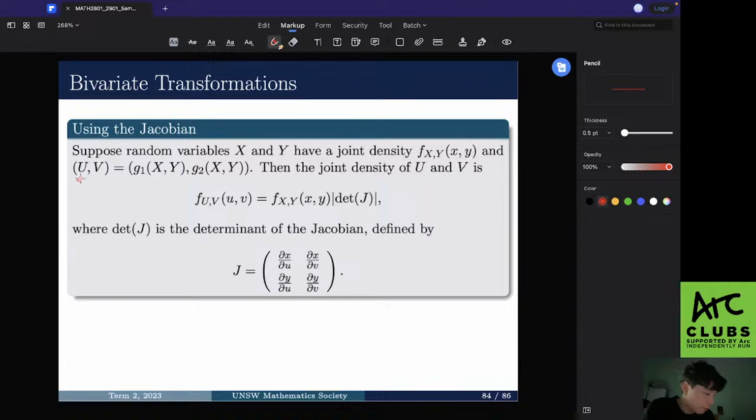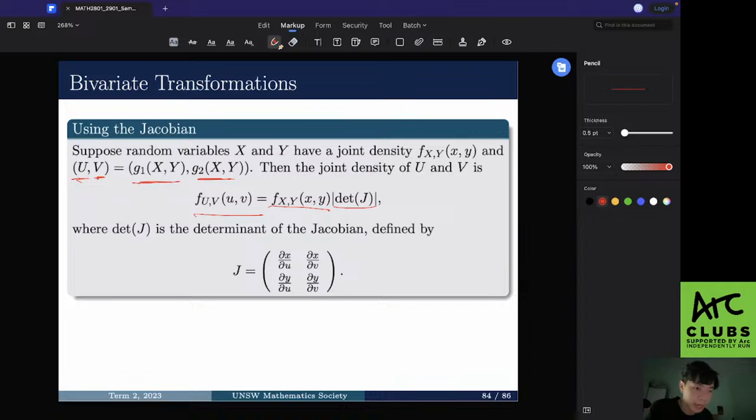So if we have u equal to g1 and v equal to g2, we know that the joint density of v and u is equal to the joint density of x and y multiplied by the absolute value of the determinant of the Jacobian. The Jacobian, if you haven't seen it before, is dx on du.